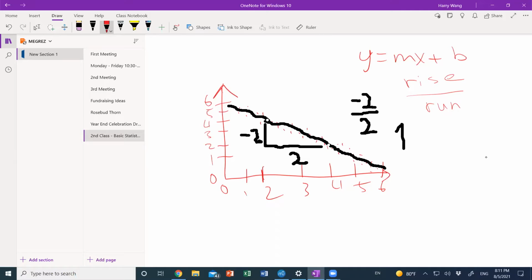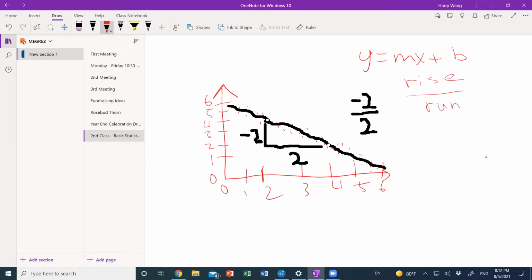Is it a 1, are you sure? I'm kind of sure, kind of not sure. What's -2 divided by 2? Wait a second.